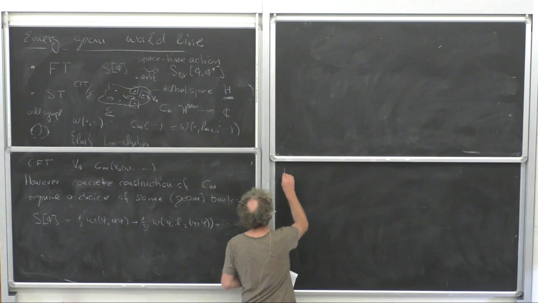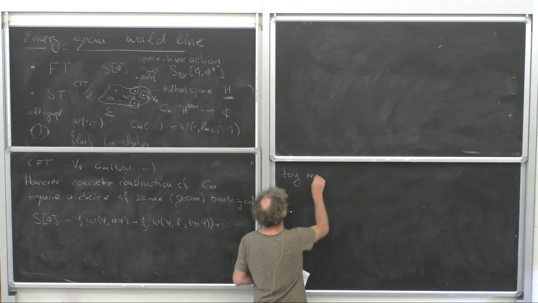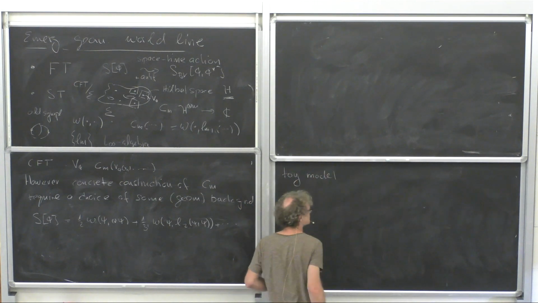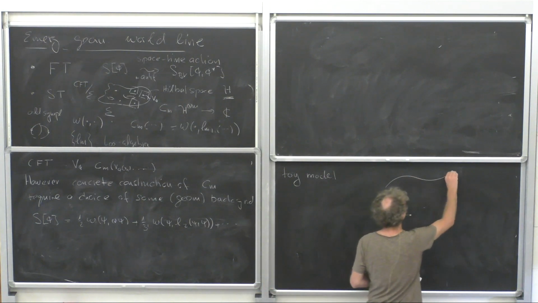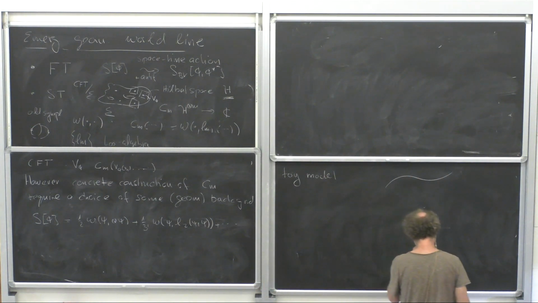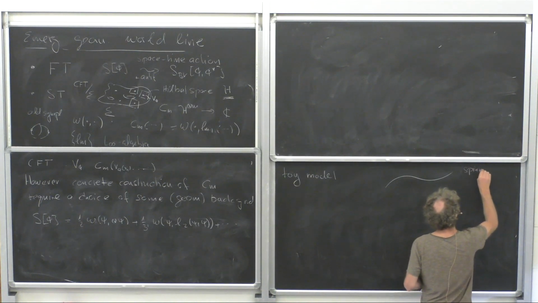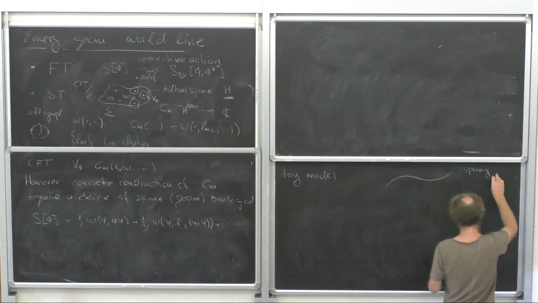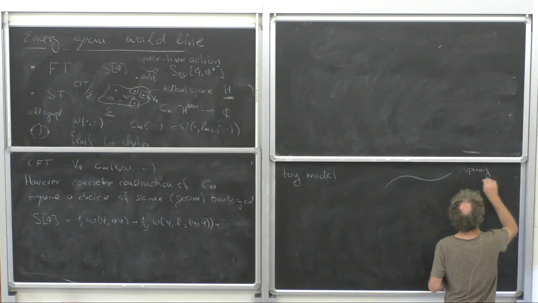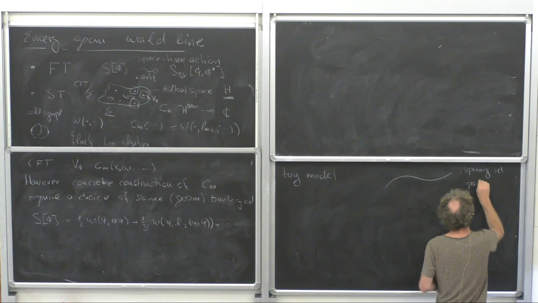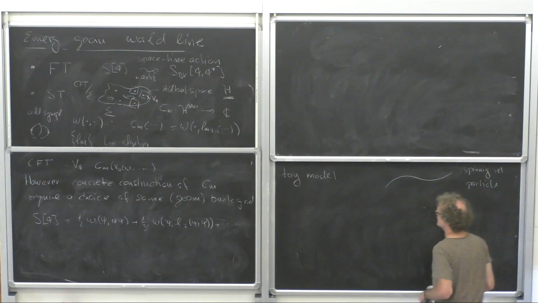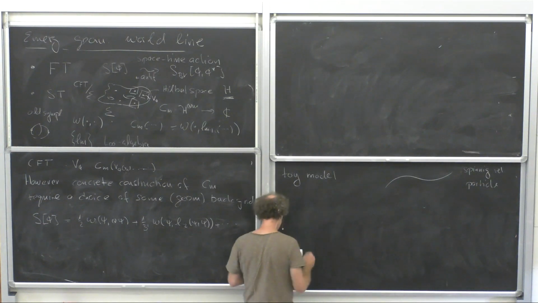So then we consider this toy model. We just consider, instead of a string, some relativistic particle. It's the spinning worldline or the spinning relativistic particle, for which I can write down a worldline action or a geodesic action.